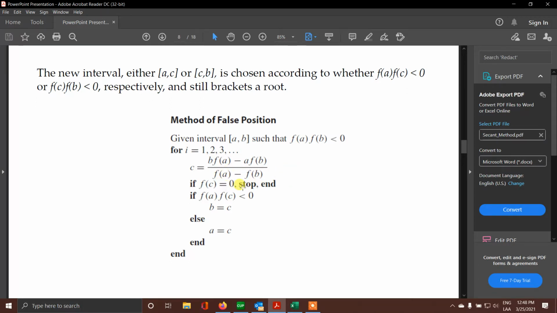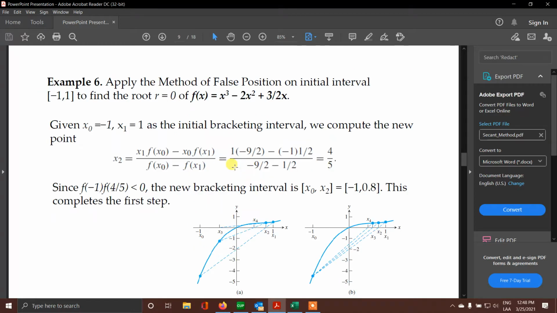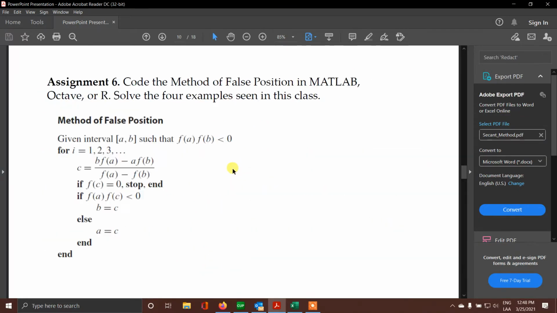Of course, try to be accurate. I don't say that this is equal to 0.01 because that's a very high limiting error. In general, the assignment was to code this one. You can use MATLAB, you can use Octave, you can use even R or an equivalent.